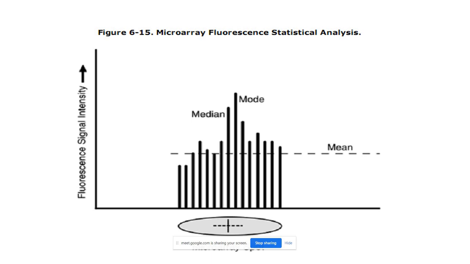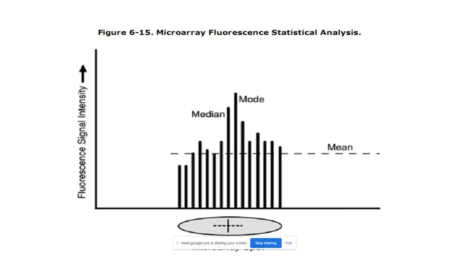On the y-axis we can see the fluorescence signal intensity, and on the x-axis we see the mean, median and mode intensity. Only one thing is shown here.